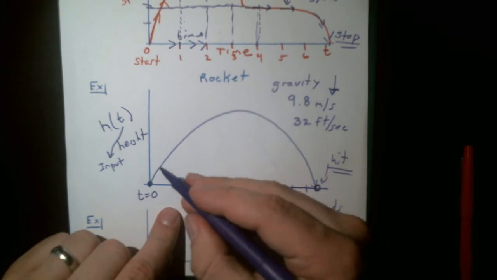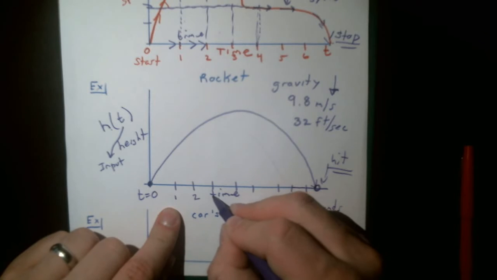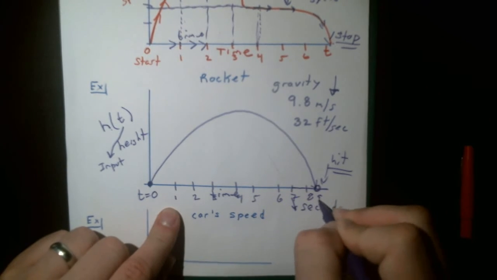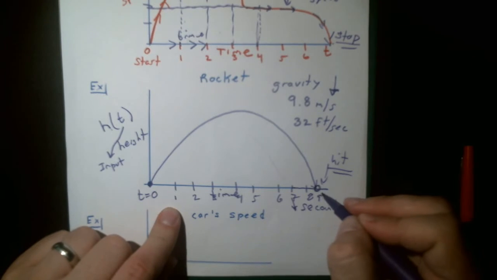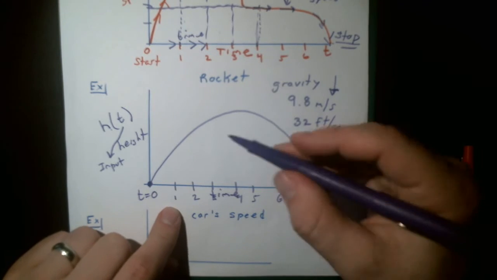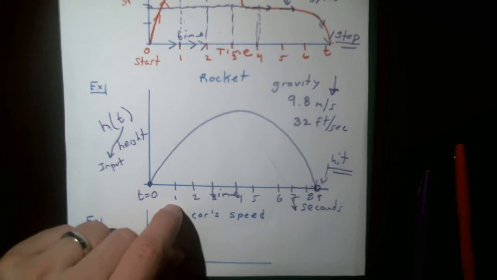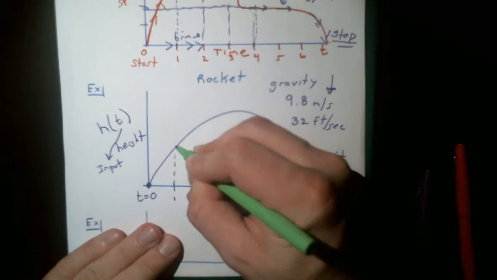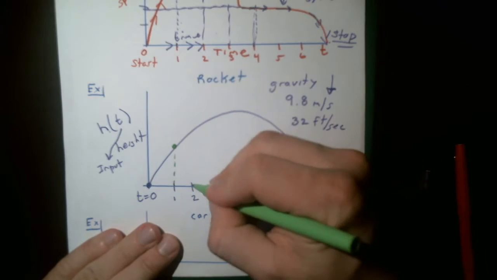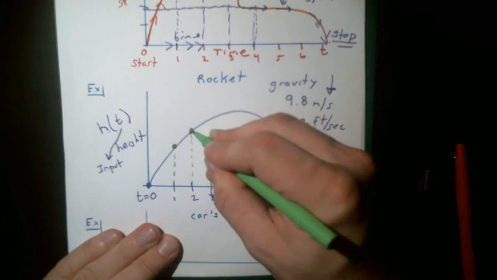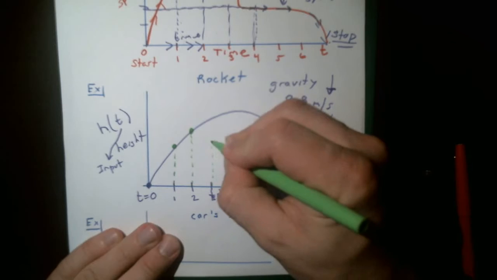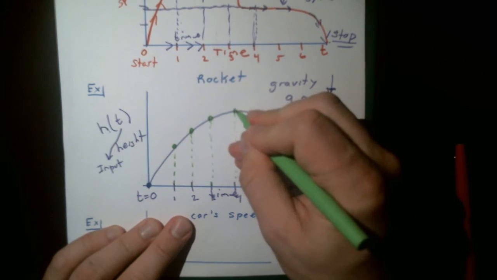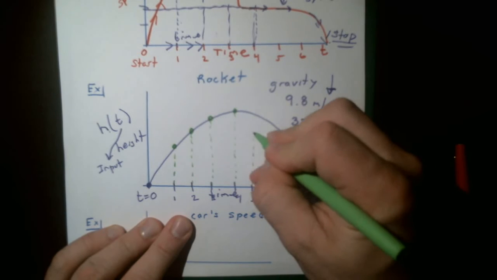It goes up, and maybe this is 1, 2, 3, 4, 5, 6, 7, 8, 9, and it hits the ground at about 9 seconds. But you see that at 1, it's going to go up here and be right there. Well, 2 is going to go up here and hit right there. And 3 is going to go up there and be right there. And 4 is going to go up there and hit right there. And 5 goes right there.